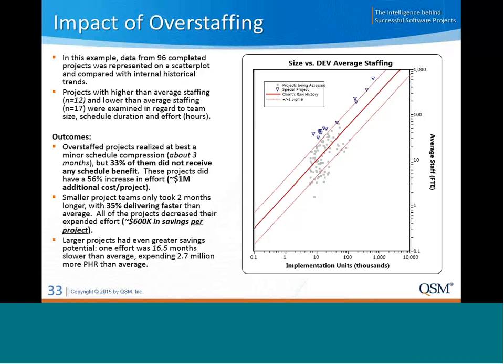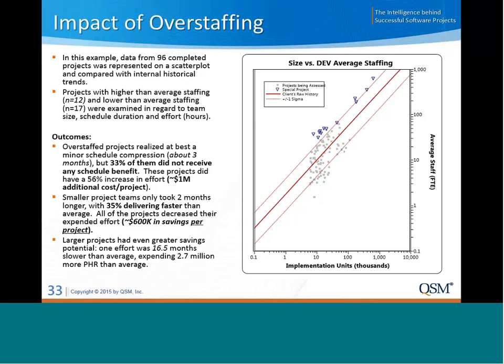In this example, from a real client case study, we found an opportunity to save an average of $1 million per project simply by highlighting, in this case, the 12 projects that were grossly overstaffed, and basically coming up with a rule that you won't allow staffing levels above a certain level for a given amount of functionality.